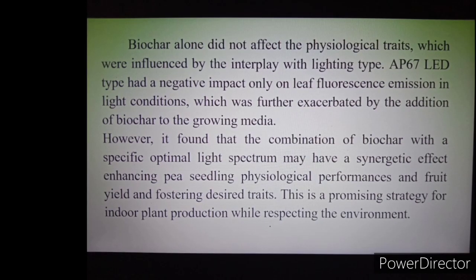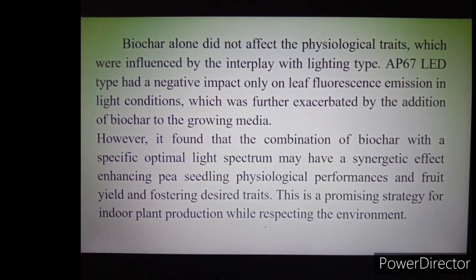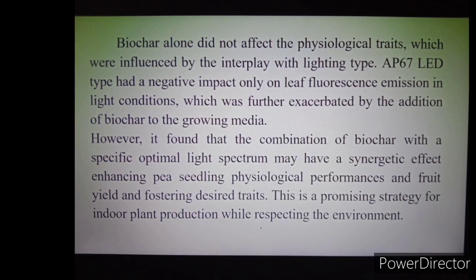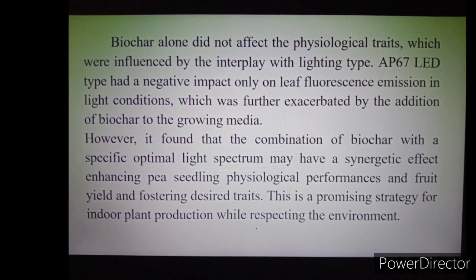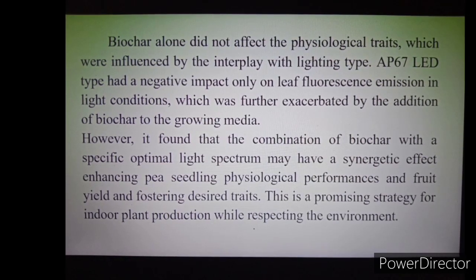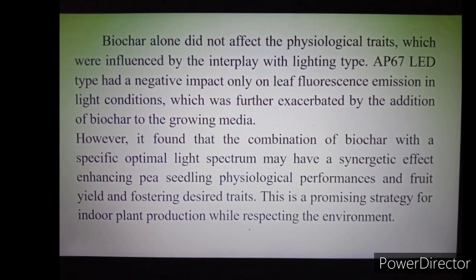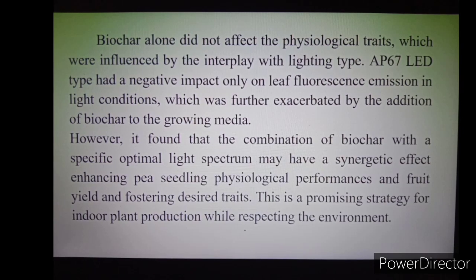While biochar alone did not affect the physiological traits, which were influenced by the interplay with lighting type, the AP67 LED type had a negative impact only on the leaf fluorescence emission in the light conditions, which was further exacerbated by the addition of biochar to the growing media.